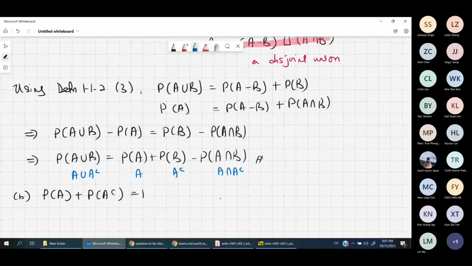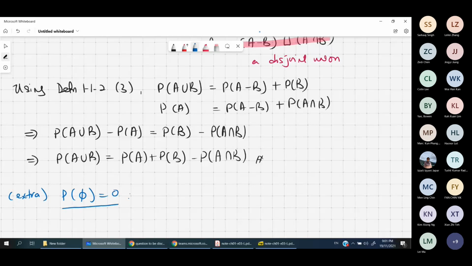Or maybe we should do another proof first. Maybe we do an extra step first: P of the empty set is equal to 0. But I think it's obvious.